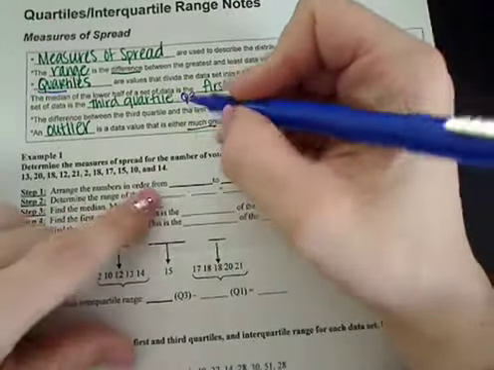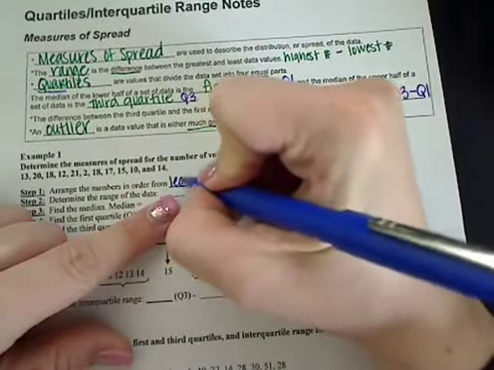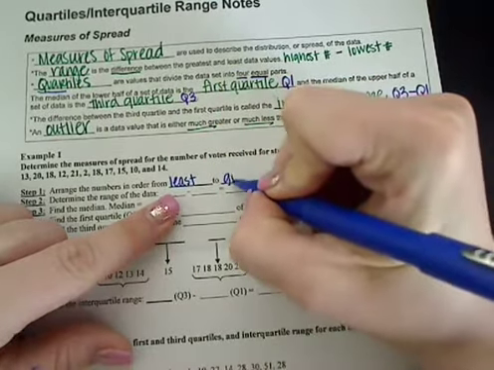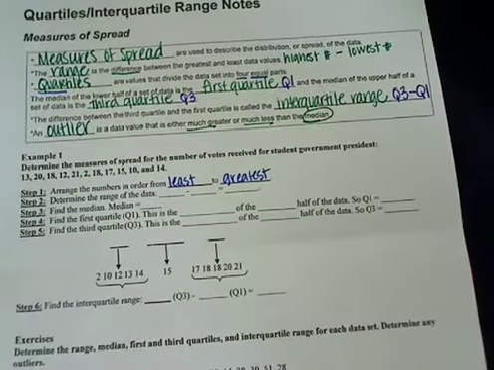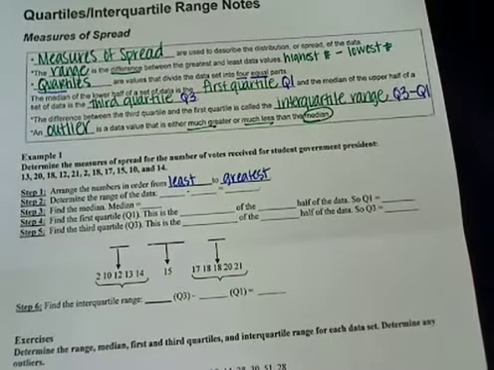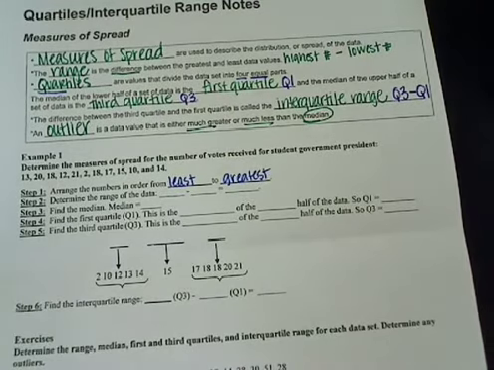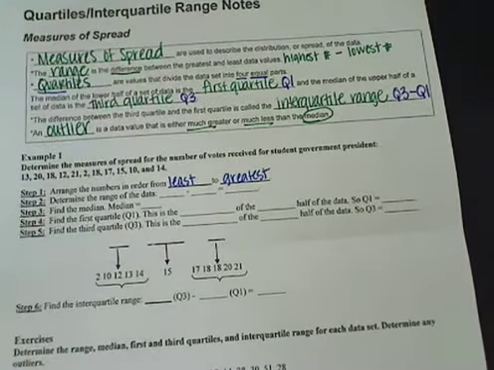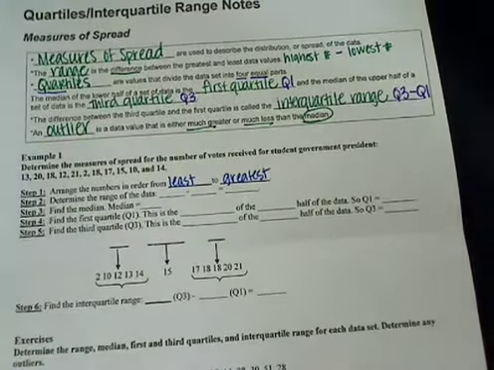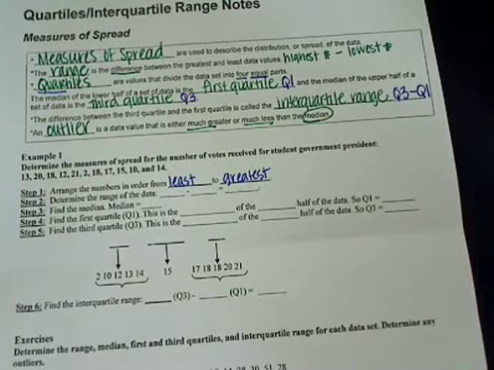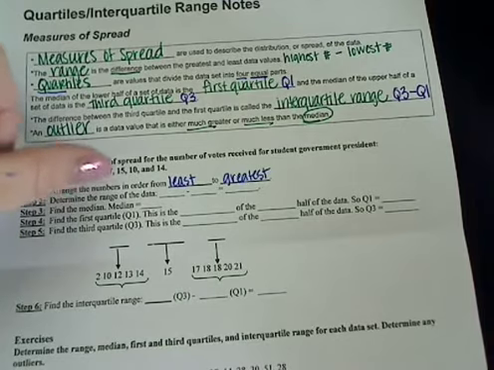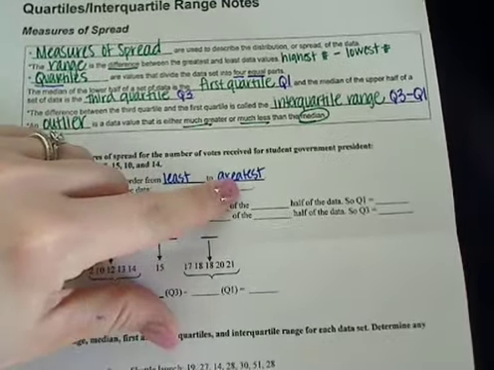You're going to arrange the numbers in order from least to greatest. This should always be your first step with any set of data before you figure out anything. The range, the median, the mode, the mean, the Q1, the Q3, the interquartile range, anything like that. All right. So we're going to arrange the numbers in order from least to greatest.